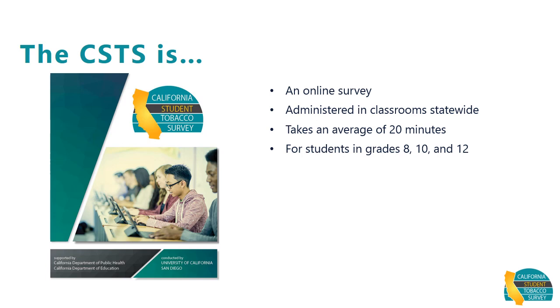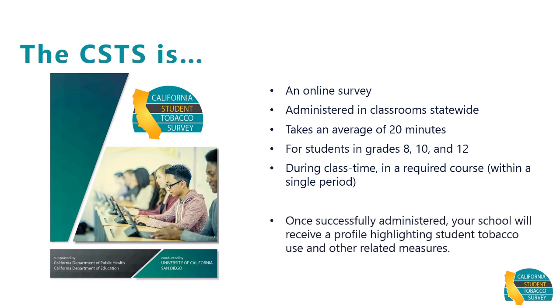In special cases, other grade levels may participate. The survey is taken during class time within a required course. A given class section will take the survey in a single period. Once successfully administered, your school will receive a profile report including student tobacco use and other related measures, such as exposure, access, and susceptibility to future use.